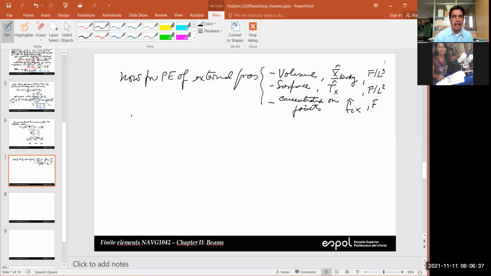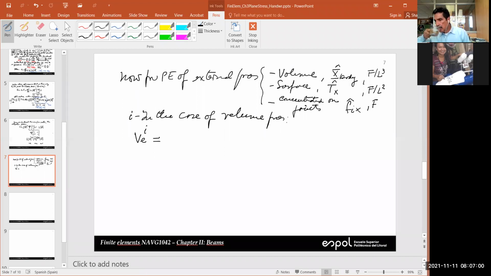Okay, so in the case of volume forces, okay, so VE of the first type. Okay, so is equal to what? Equal to the product. Okay, for example, we have something like this, and here we have a dV volume.